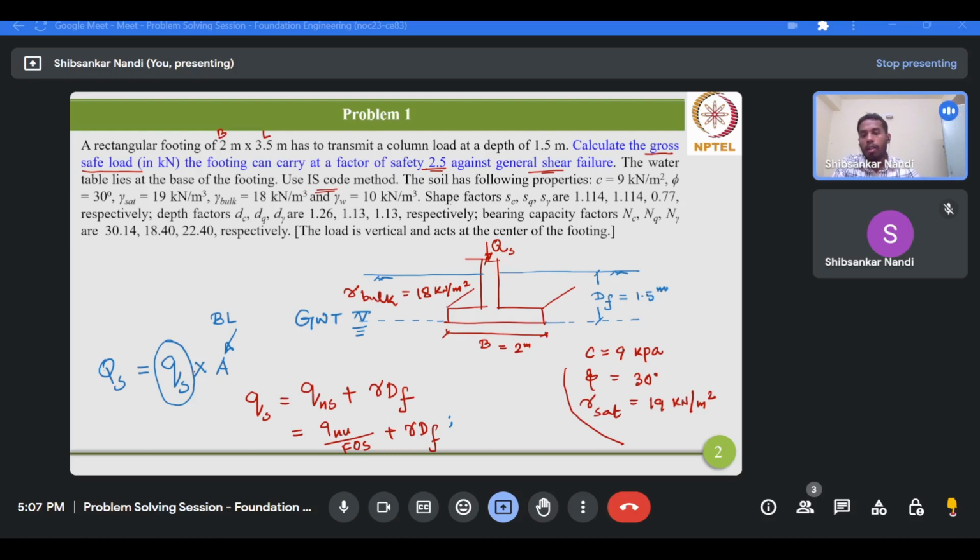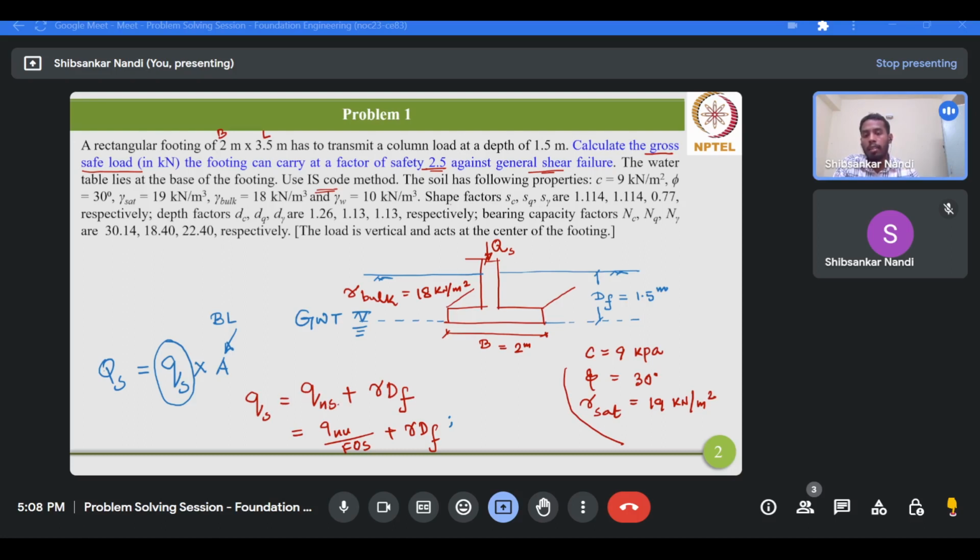Now, how can we determine this safe bearing capacity? First we have to determine the net safe bearing capacity, and we have to add the effective overburden which is existing at the foundation level. That component we have to add to the net safe bearing capacity, then only we can get the safe bearing capacity.